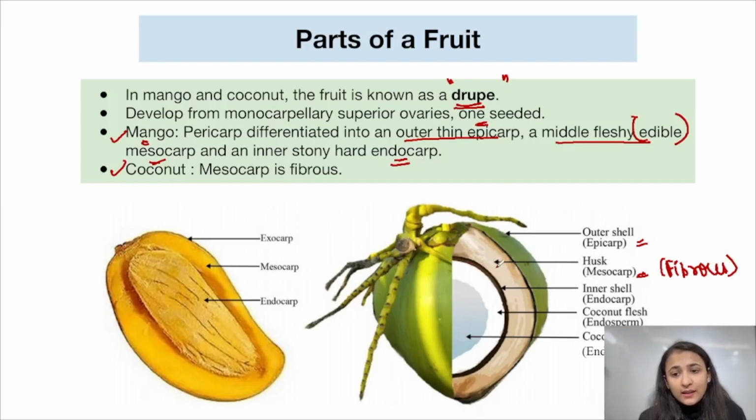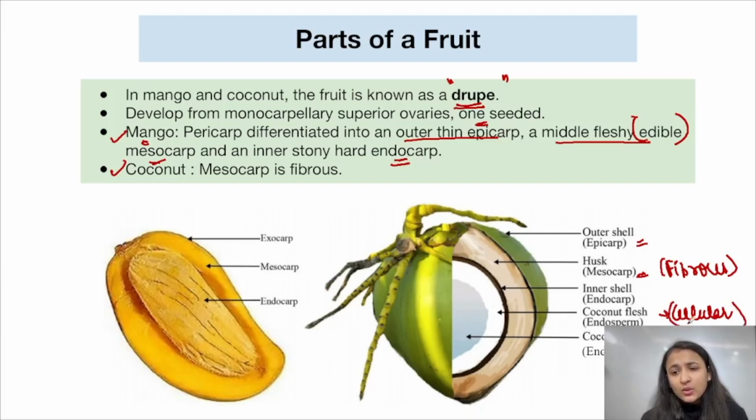Now this is the inner shell or the inner layer which is known as the endocarp. Now beyond the endocarp comes the seed portion. Now this is the coconut flesh which represents the cellular endosperm. And inside it is the coconut water which represents the liquid endosperm.